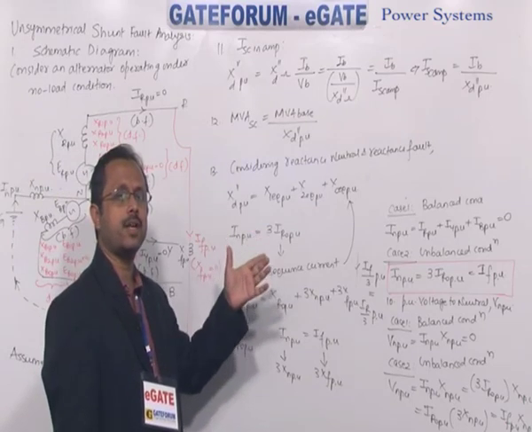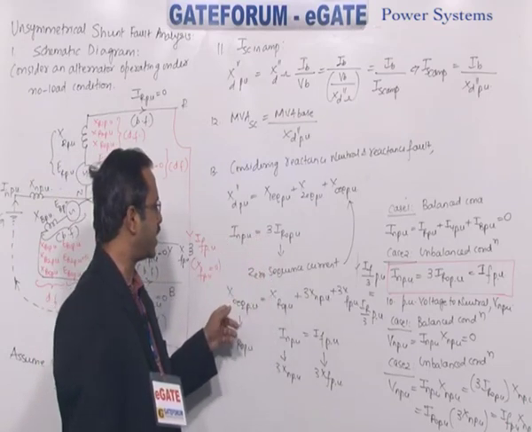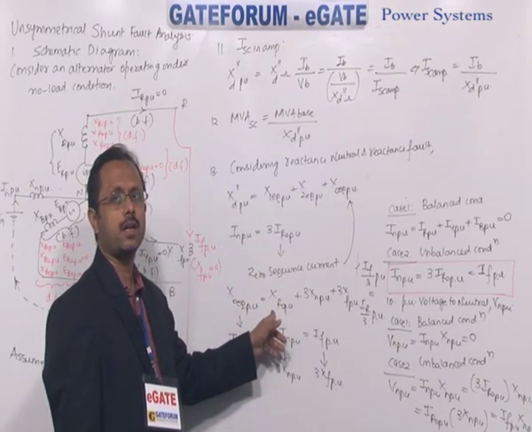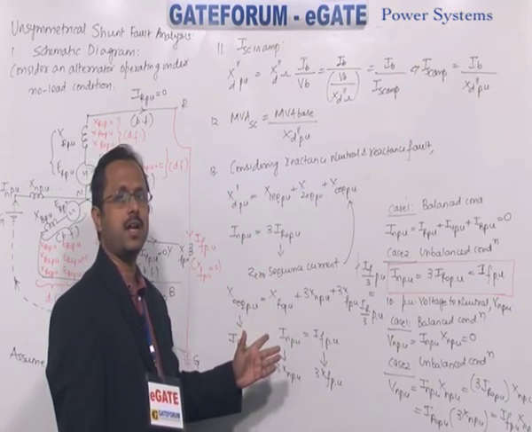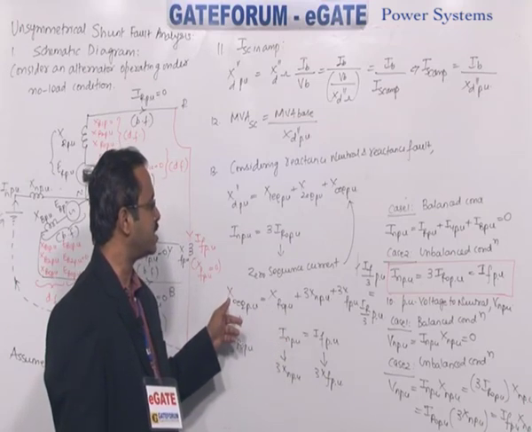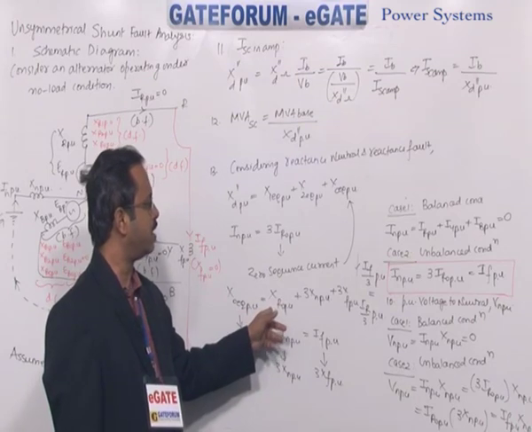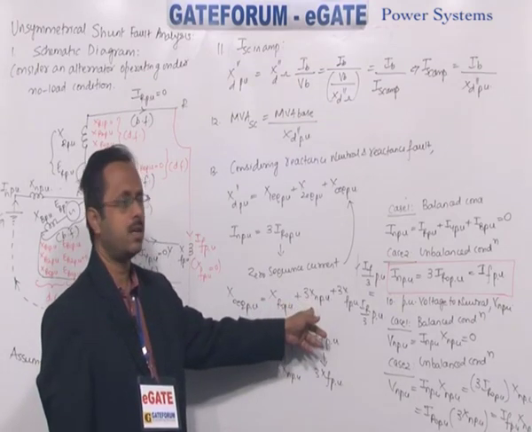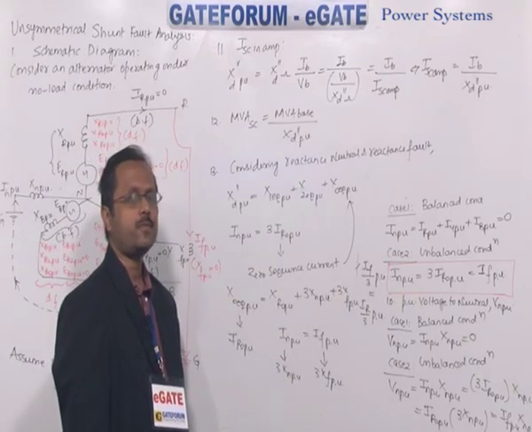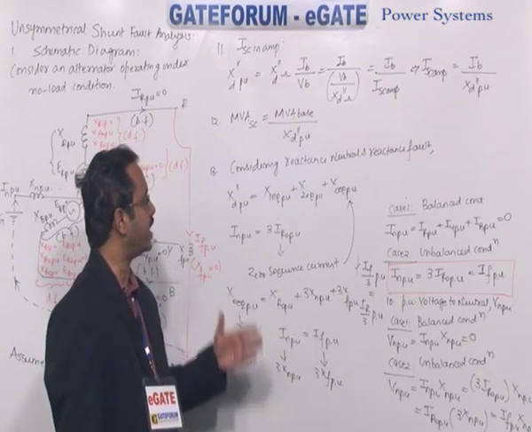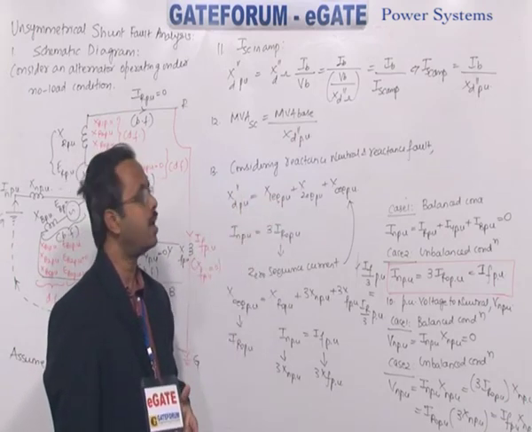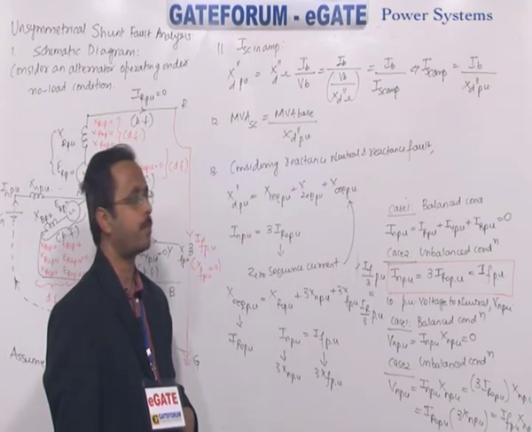Previously with solid neutral and solid fault, X0 equivalent per unit is only XR0 per unit. Now with reactance neutral and reactance fault, X0 equivalent per unit is XR0 per unit plus 3XN per unit plus 3XF per unit. So this is how you write X0 double dash per unit considering reactance neutral and reactance fault.